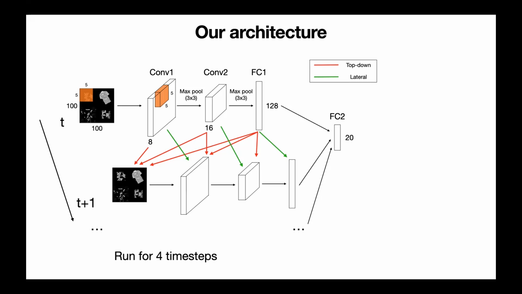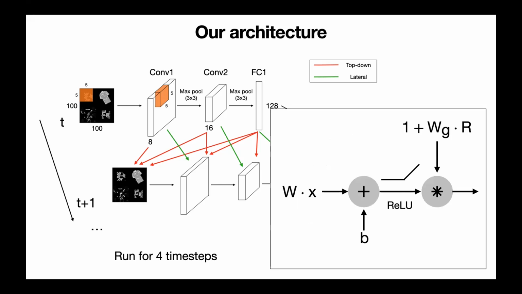And the way the recurrent and the feed-forward information are combined looks like this. You have your standard input multiplied by weight, either linear or convolutional layer, with bias. Then it goes through a ReLU nonlinearity, so 0 for anything 0 and below, equal to the input for anything above. And then it's multiplied by a gain term, which is the outcome of the recurrent computations.